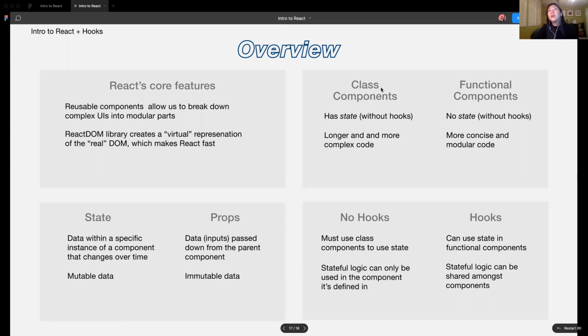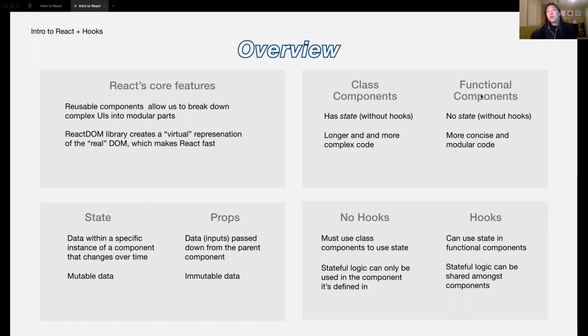If we move over here, there's a difference between class components and functional components. Class components, without hooks, have state, but are longer and more complex. On the other hand, we have functional components. Without hooks, there's no state. It's more concise and more modular code.